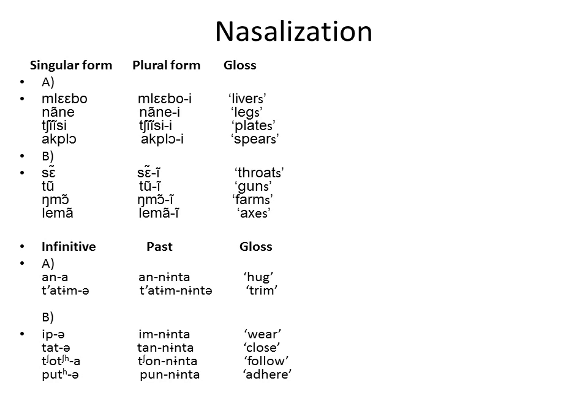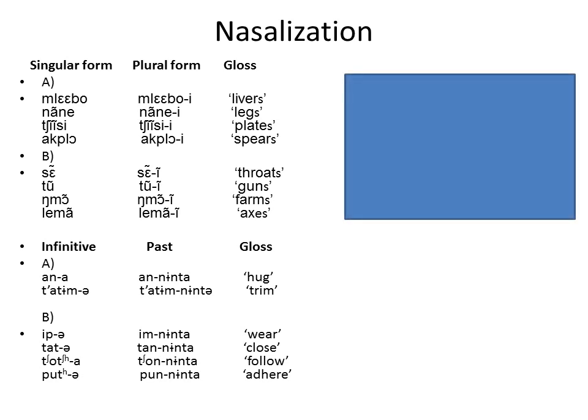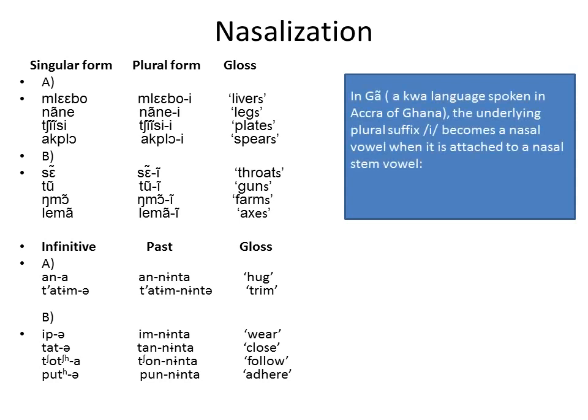So, based on this description, we are going to derive the following informal rules. For the first data, for vowel nasalization, in Ga, a Kwa language spoken in Accra of Ghana, the underlying plural suffix E, look, it is the phoneme, becomes the nasal vowel when it is attached to a nasal stem vowel.